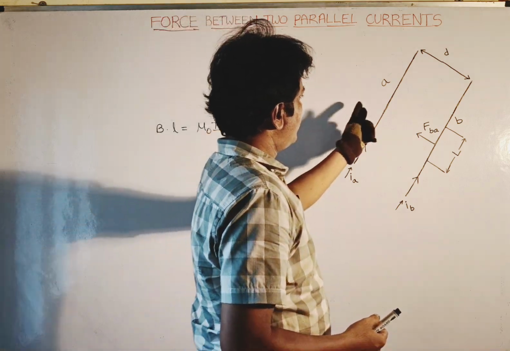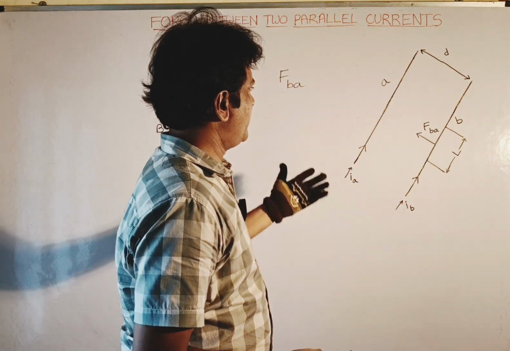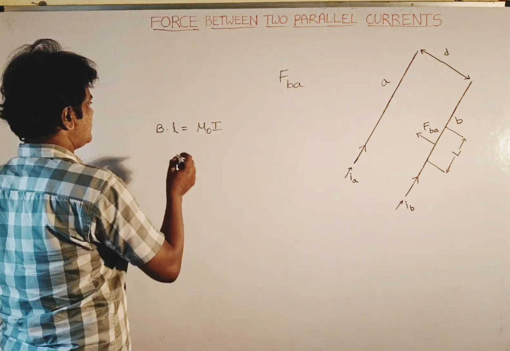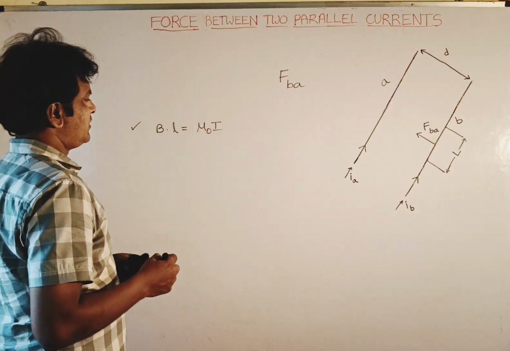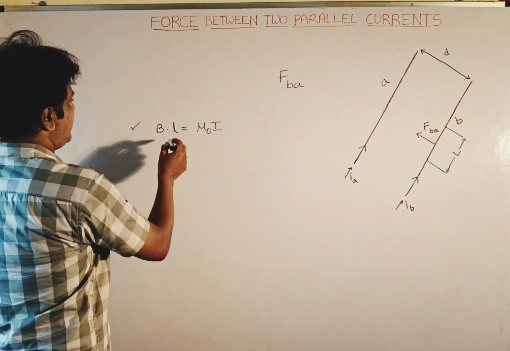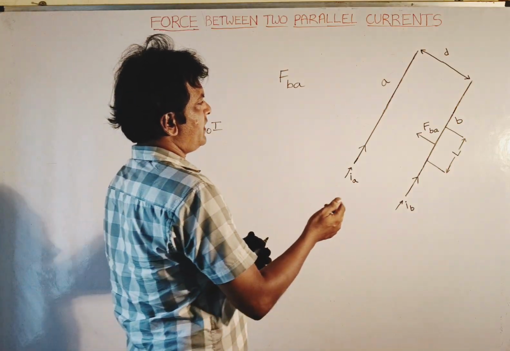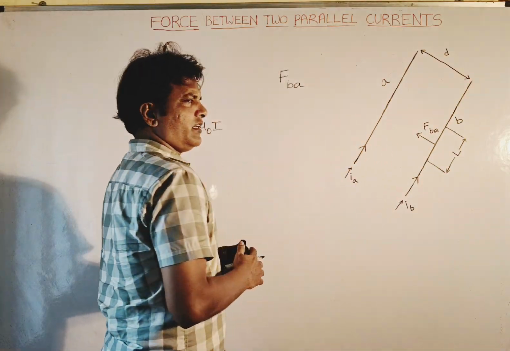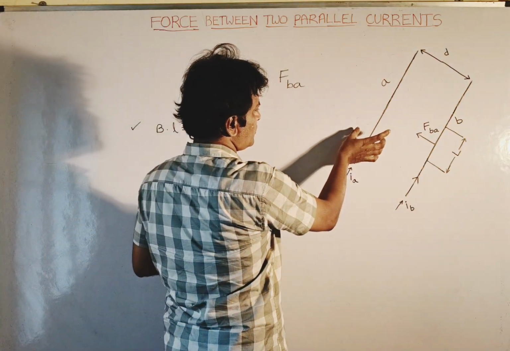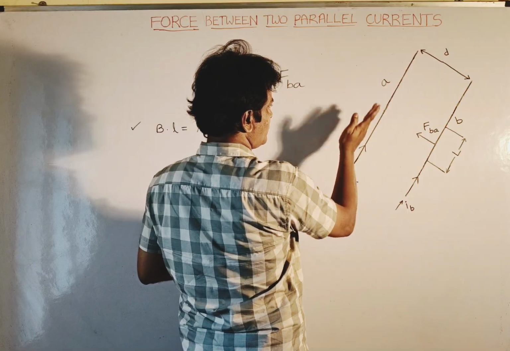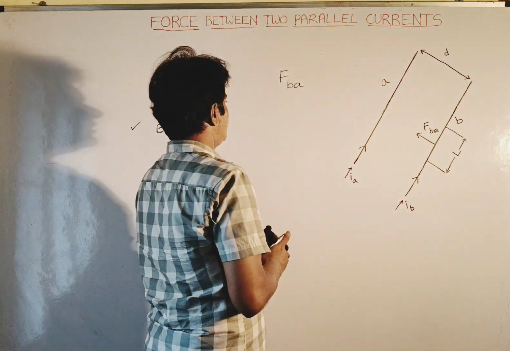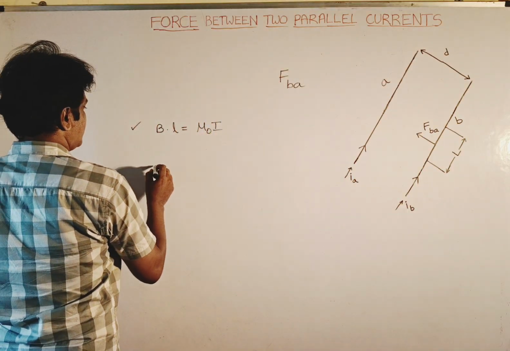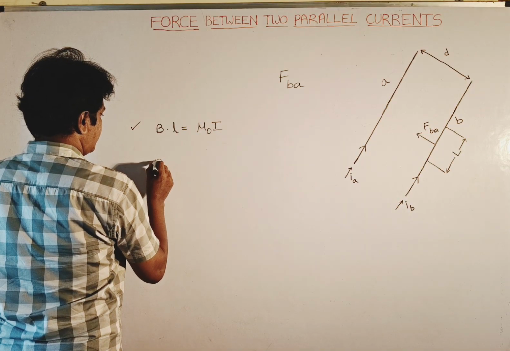So on that loop, we will calculate the magnetic field using this Ampere circuital law formula, where L is the perimeter of the imagined loop around this conductor. Remember, we are calculating the magnetic field due to the current passing through this conductor A. So here we want to get the magnetic field.